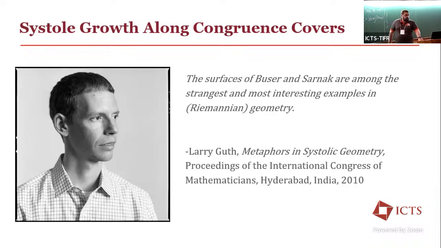So this is from Larry Guth's article, Metaphors in Systolic Geometry. It's from the proceedings of the ICM in Hyderabad in 2010. And so at first I was confused about this because in my mind, you took a very simple quaternion lattice, you take a congruence cover, there's nothing strange about it at all.